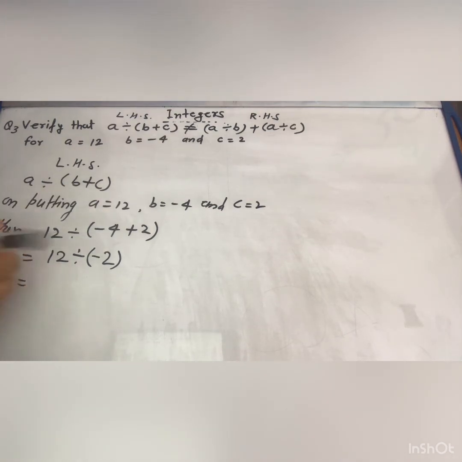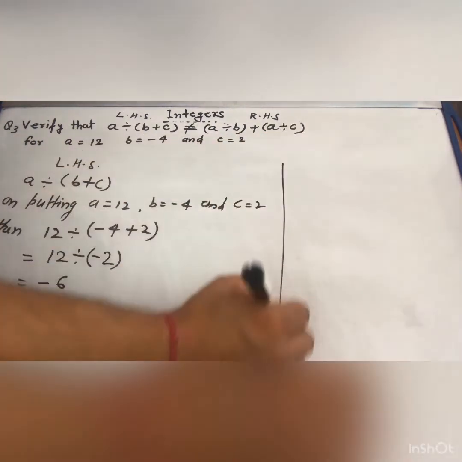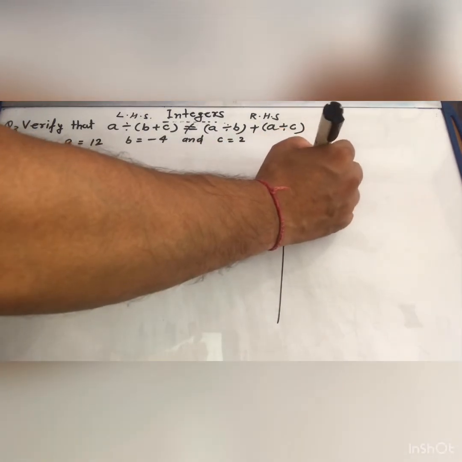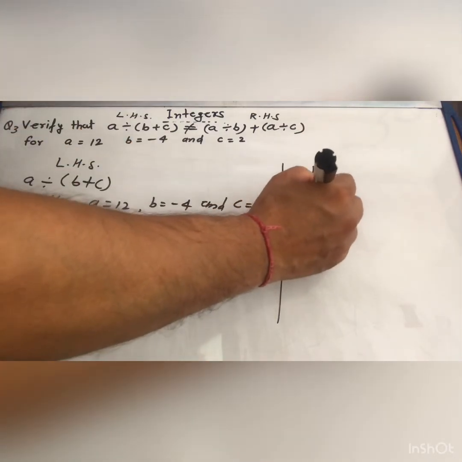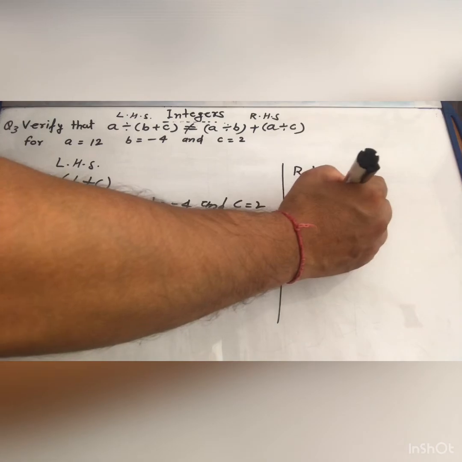Now 12 divided by -2, because here is the negative sign, so first of all you put the negative sign. After that 12 divided by 2, 2 sixes are 12, that is 6. So the value of left hand side is -6.